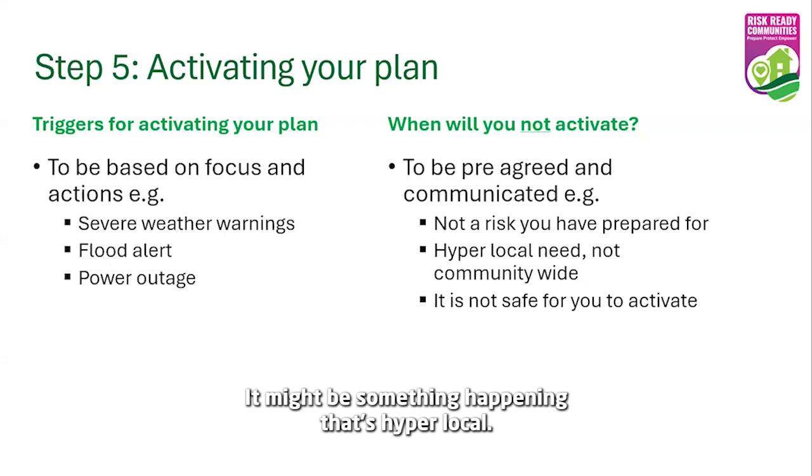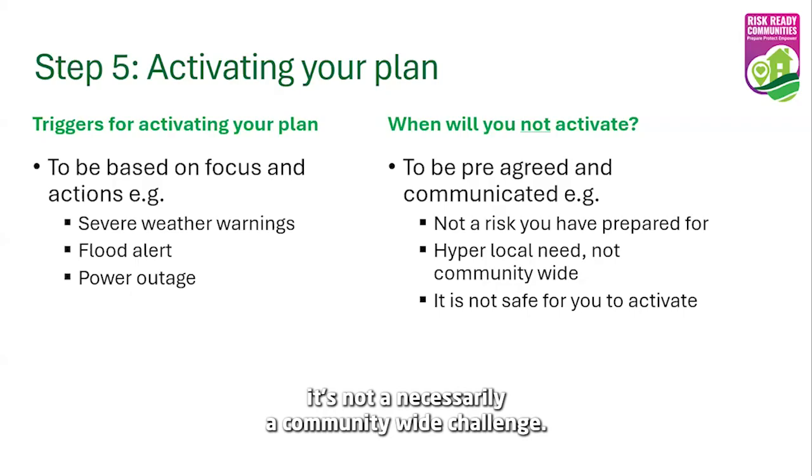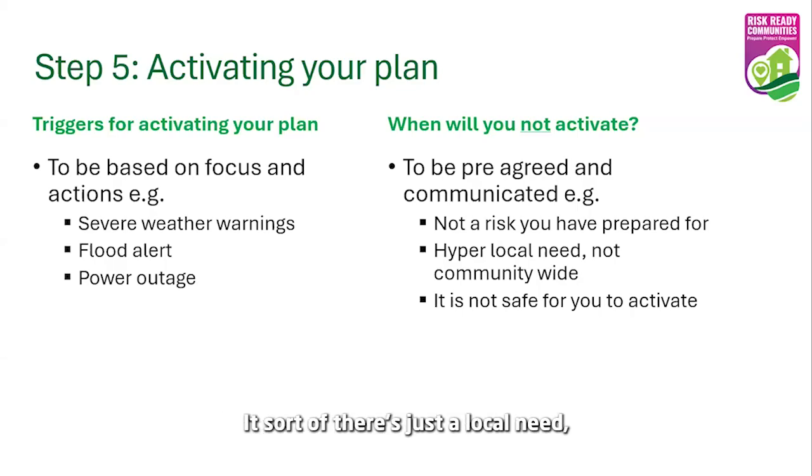It might be something happening that's hyper local, so it's impacting a few people, but it's not necessarily a community-wide challenge, so you don't need to activate your plan as a community response. There's just a local need.